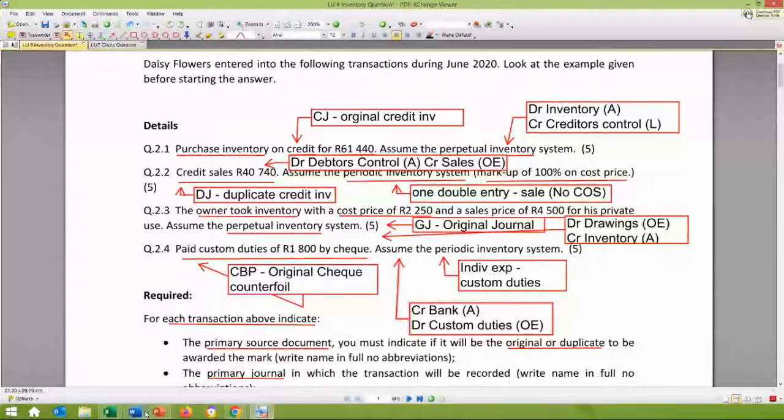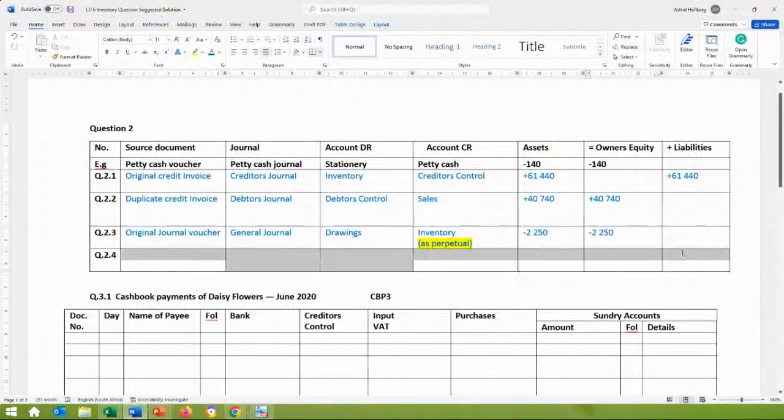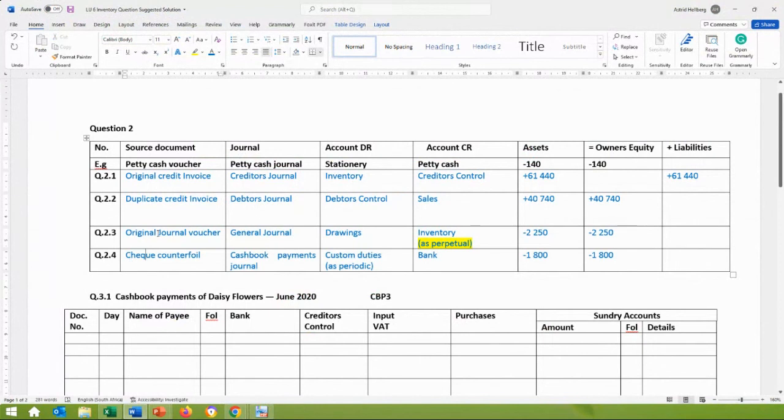So let's go fill this in on our form here. So our check counterfoil would also be the original check counterfoil. Okay, we would have our cash book payments journal, and then we would use custom duties as our account name and not inventory because we use a periodic inventory system.